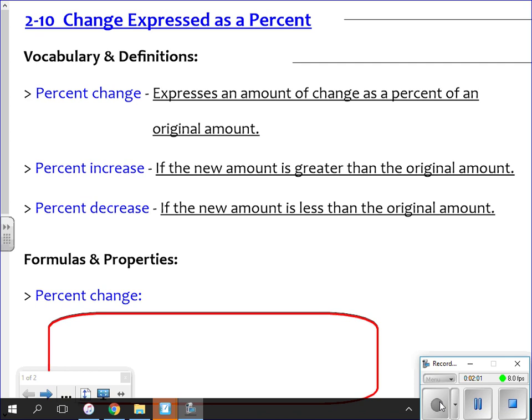Can you put that for the pre-calc class too? Okay, most everybody's got that written down.